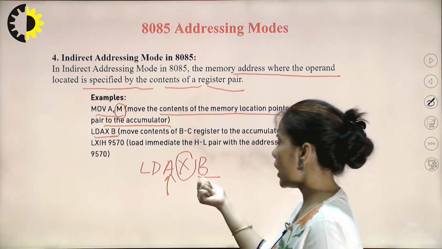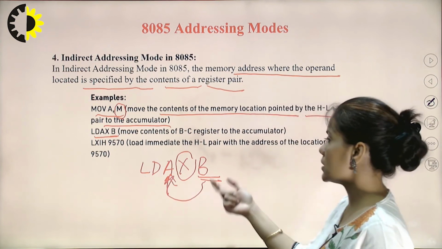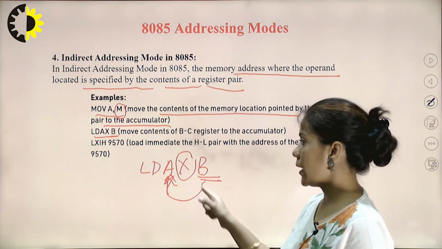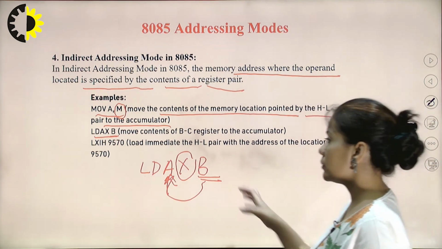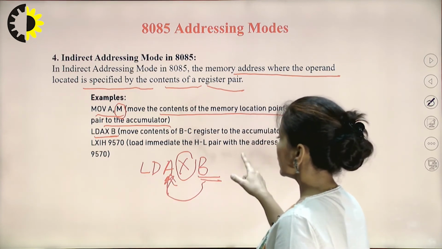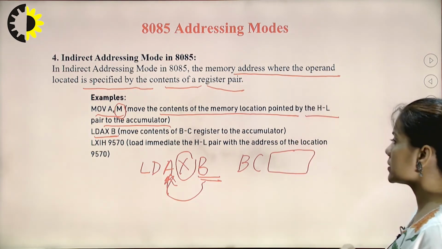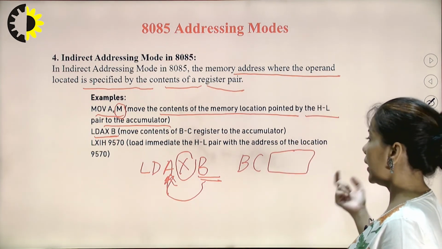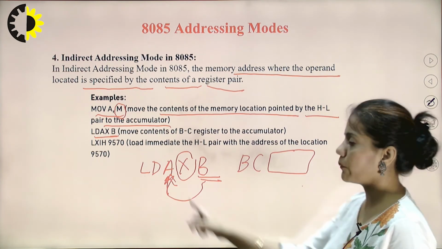But how can the BC register pair contents be stored in A, because BC is 16-bit and A is just 8-bit? It doesn't mean that the contents of BC will be directly stored in A, but that the BC contents will act as a pointer to some memory location, and the contents of that memory location will be copied to A.